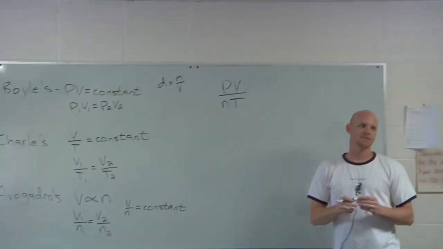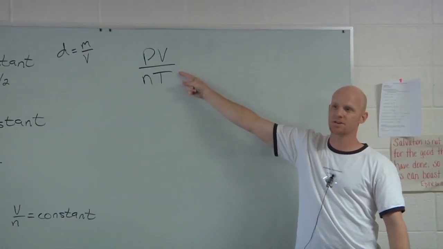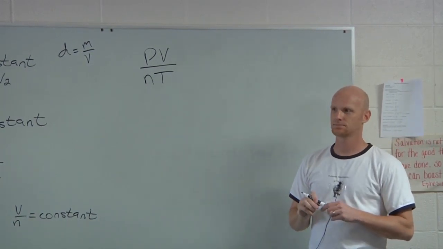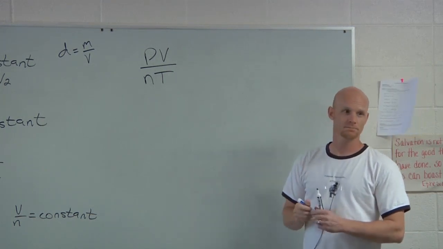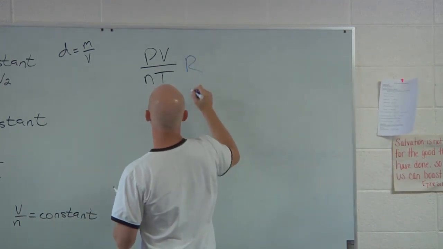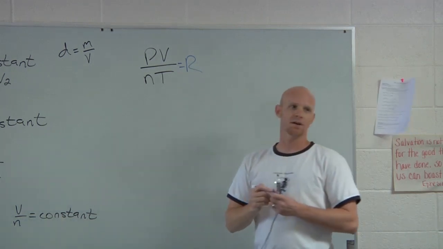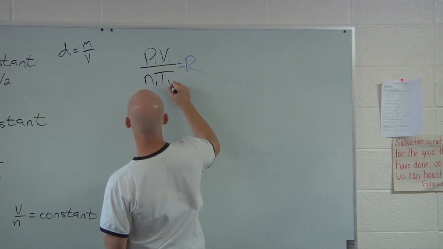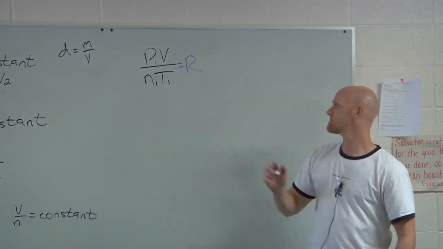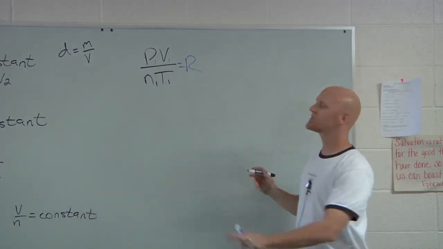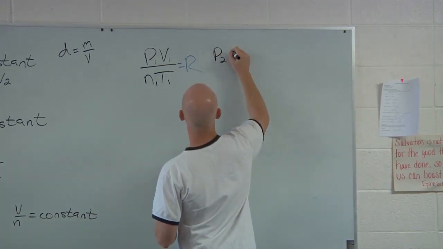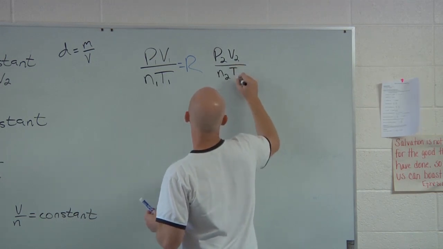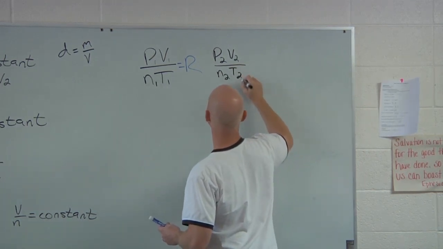Cool. Can somebody take the ideal gas law and tell me what this would equal according to the ideal gas law? Good. It equals R. So if I had the pressure, volume, number of moles of gas, and temperature under one set of conditions, that ratio would equal R. What if I change those conditions to a second pressure, a second volume, maybe even I changed the moles of gas, added or subtracted, and I changed the temperature?